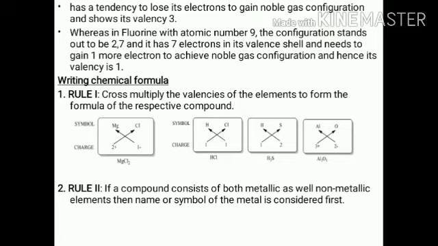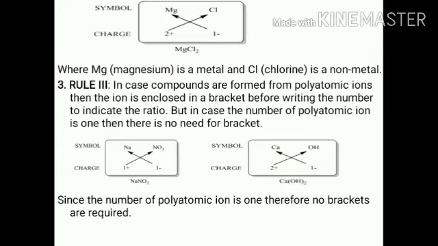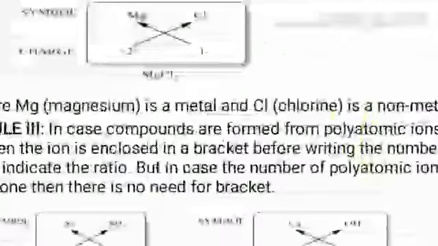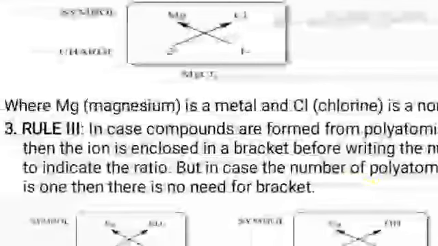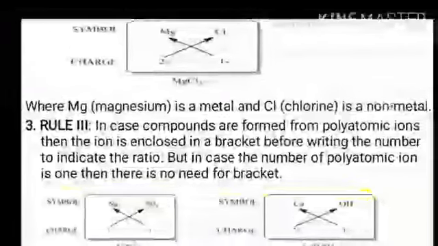First write the valency of each element and then cross multiply. For example, magnesium chloride: magnesium is a metal and chlorine is a non-metal, so we write the name of magnesium then chlorine, so magnesium chloride.